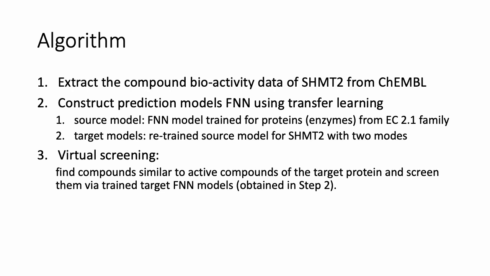And the target models, we obtain by retraining the source model for SHMT2 with the two modes that we have mentioned earlier. And finally, we found compounds similar to active compounds of the target protein and screen them via trained feed-forward neural network models.